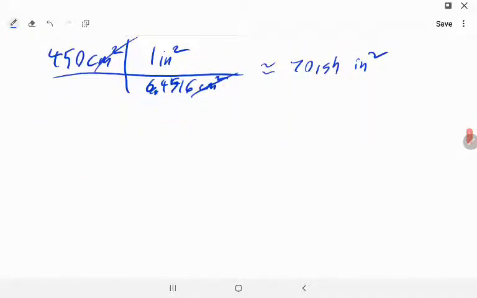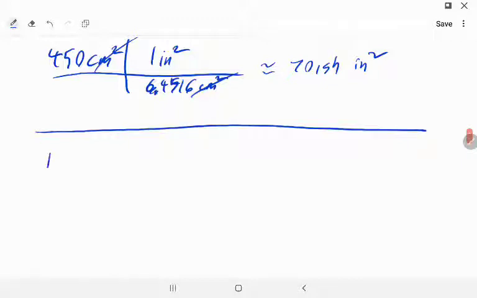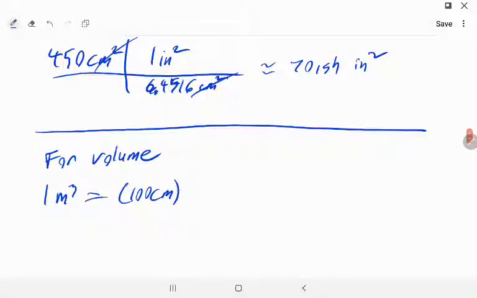We know that 1 cubic meter is equal to 100 centimeters cubed, and so we end up getting 10,000. Whoops, actually 1 million. We need 6 zeros now. Cubic centimeters.